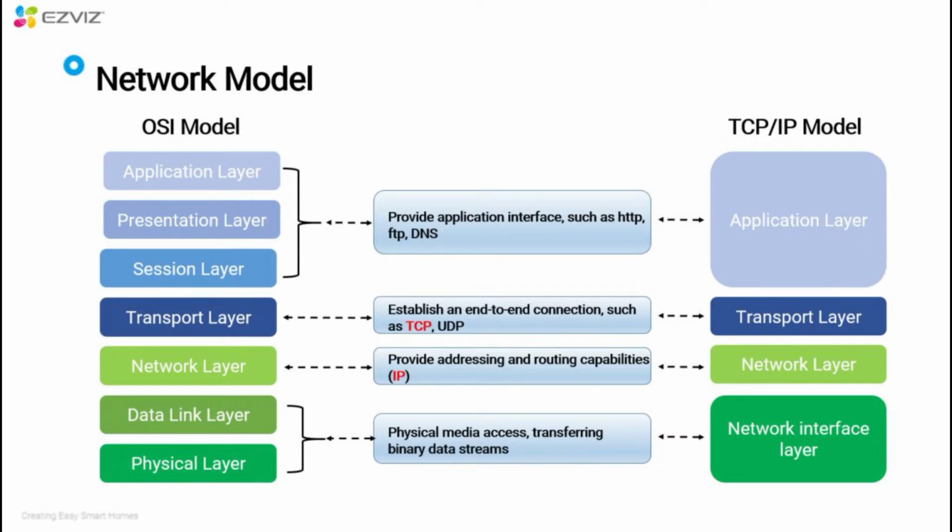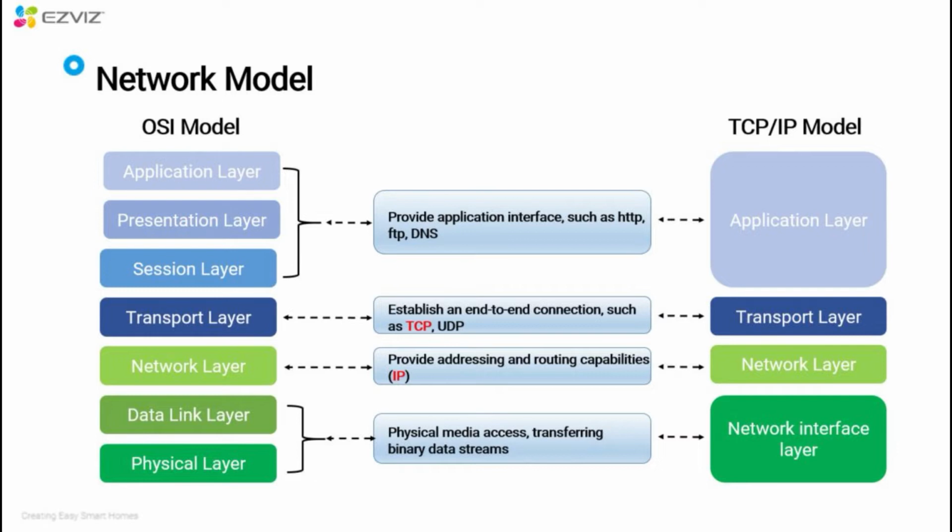If you have majored in computer network-related subjects or read some books about this knowledge before, you should be familiar with these 2 diagrams, which are our common network models, the OSI model and the TCP/IP model.